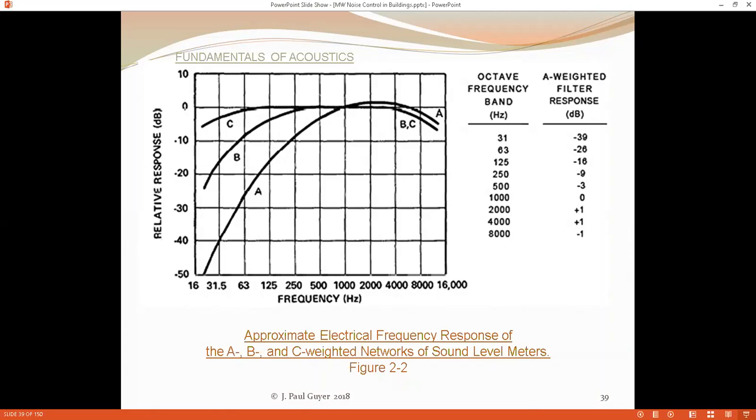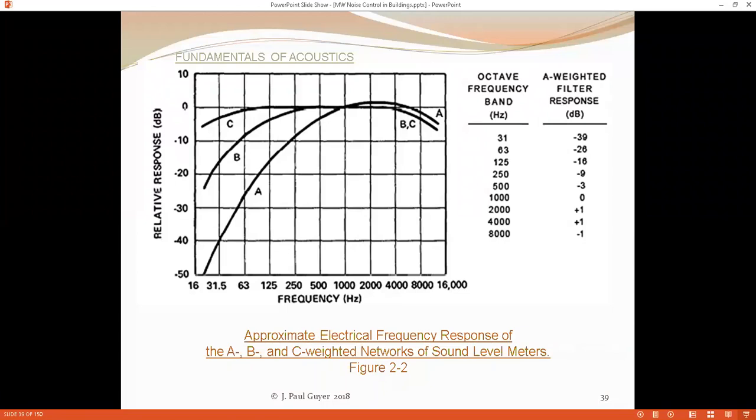Above about 15,000 hertz, the sound level meter ignores all of the sound that is produced.